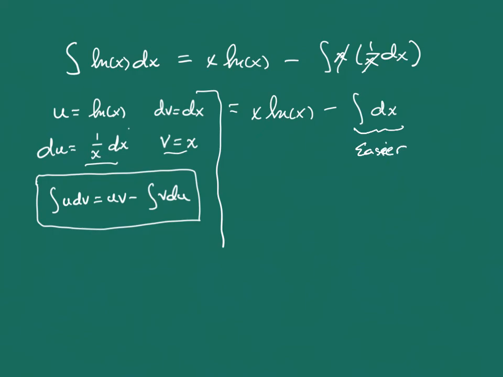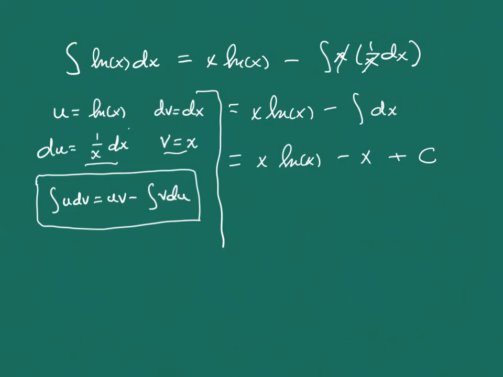And because it's easier, that tells us, yeah, we're probably on the right track, and that was the direction that we wanted to go. And so just evaluating that second integral is just going to give us x times the natural log of x minus the integral of dx, which is just going to be x plus our arbitrary constant.